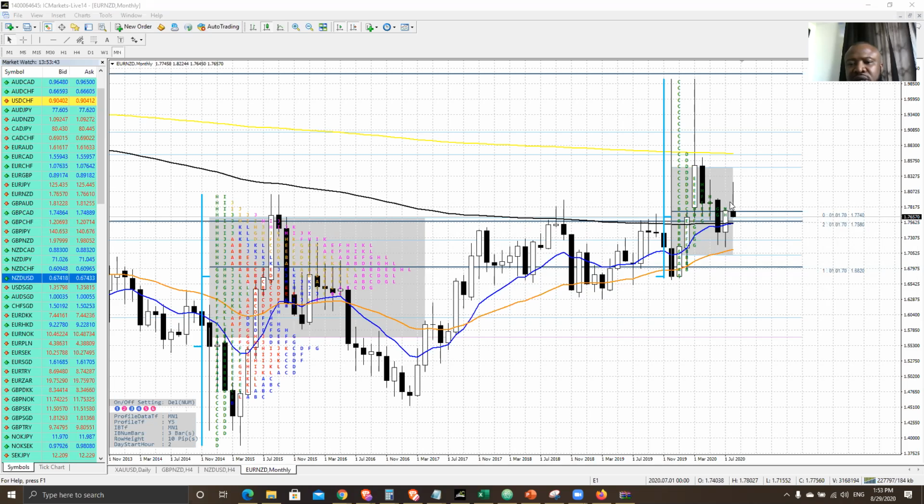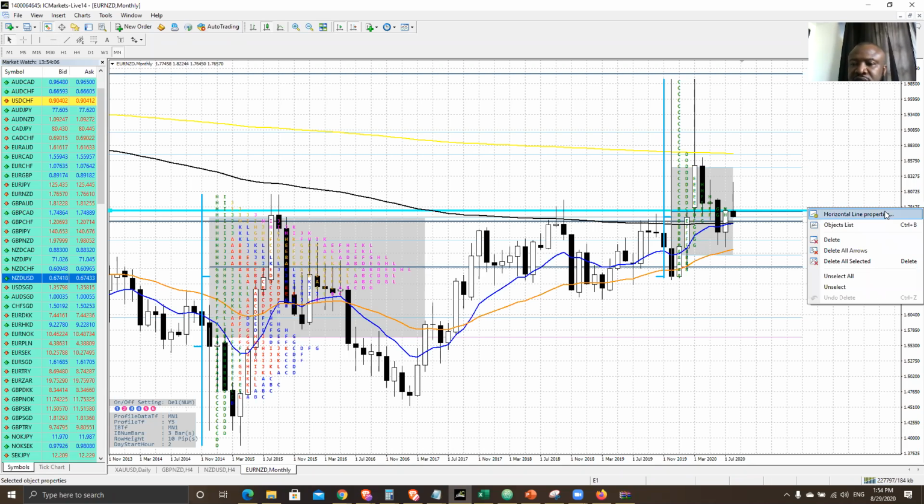This can be looking a bit negative, but the challenge is we are above the 200 EMA, so we have to bear that in mind. But where it's making the significant difference, however, is the 7740. That is the challenge.